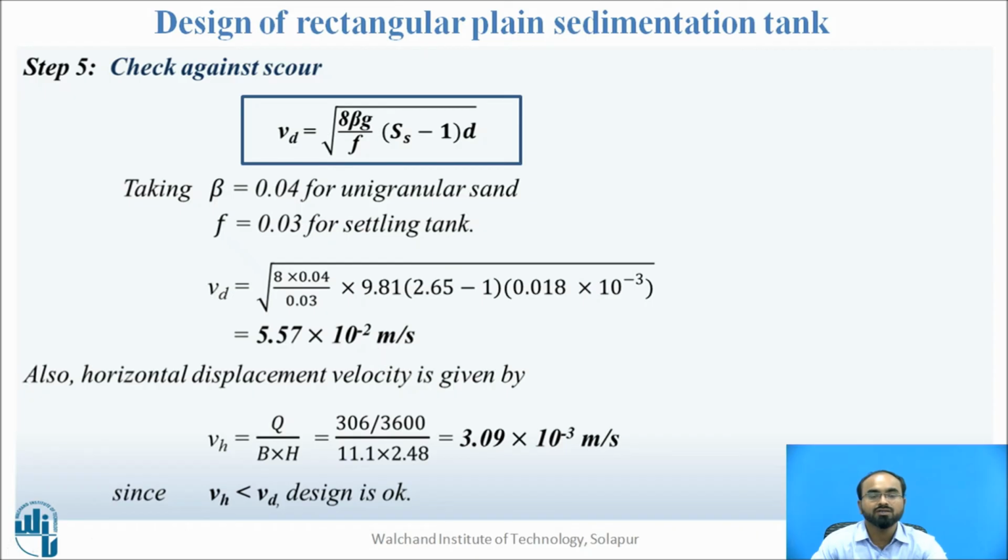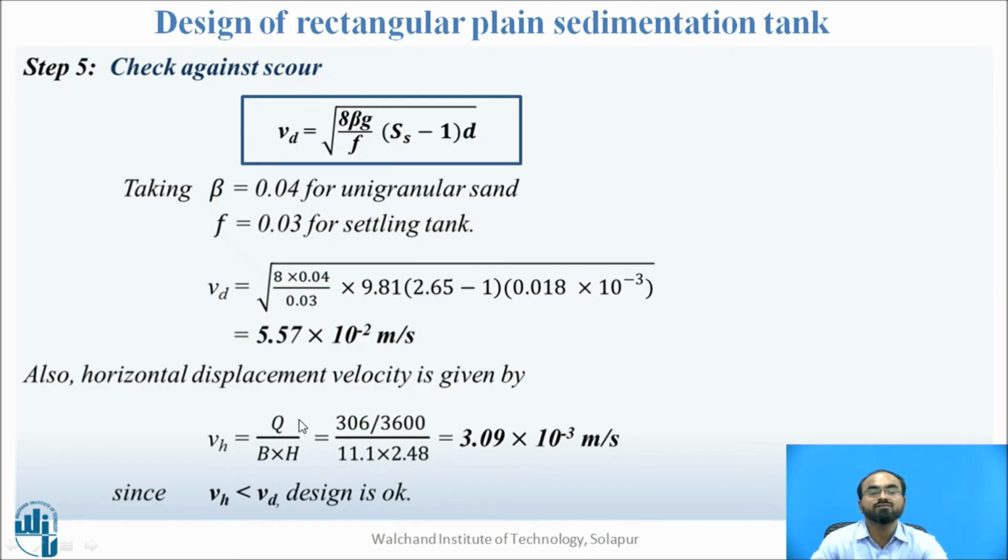So Vd will be 5.57 into 10 raised to minus 2 meter per second. The horizontal displacement velocity is given by Vh, which is equal to Q by B into H. As we know Q, that is 306 divided by 3600, because we are converting hours to seconds, divided by 11.1 into 2.48, which comes to about 3.09 into 10 raised to minus 3 meter per second.